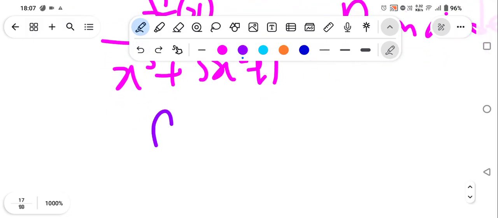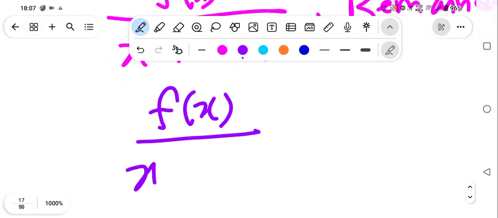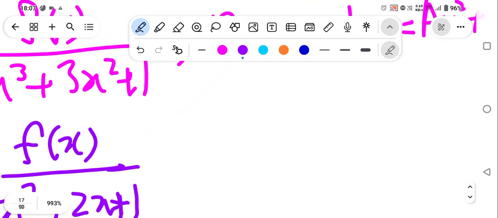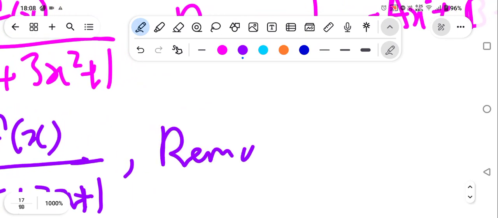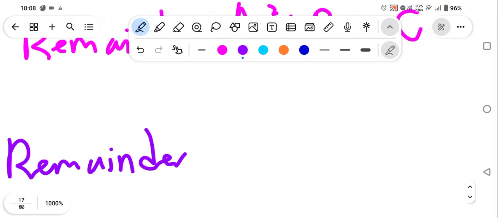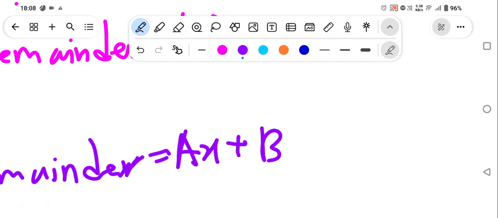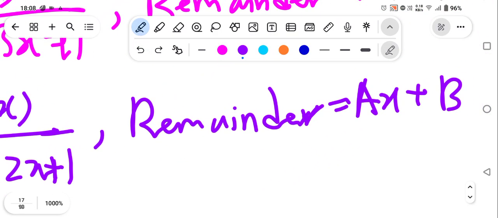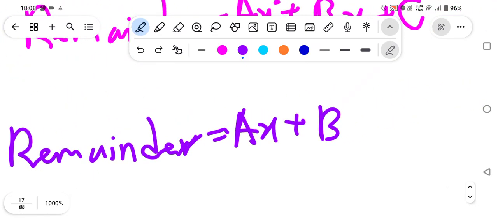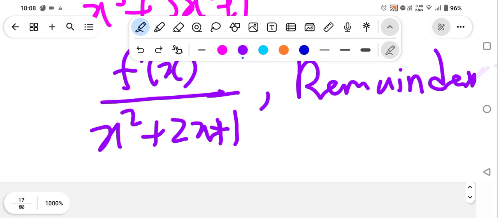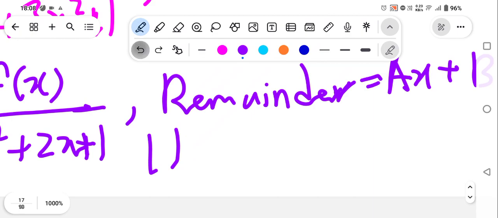So if we're dividing by x squared plus 2x plus 1, the remainder can be in terms of a linear and a constant. It can be a constant and a linear, as long as the highest power of the remainder is always less than the divisor. So we know that.